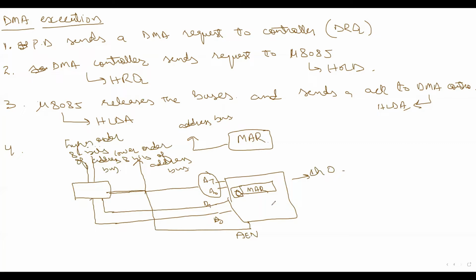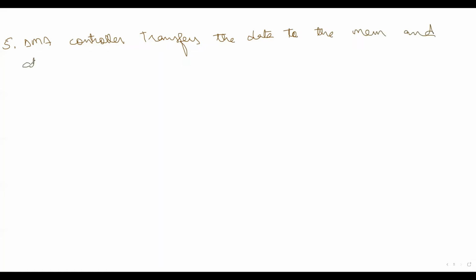Fine. So after placing the address on the address bus, the fifth step is that the DMA controller transfers the data to the memory and also asserts the necessary control signals.